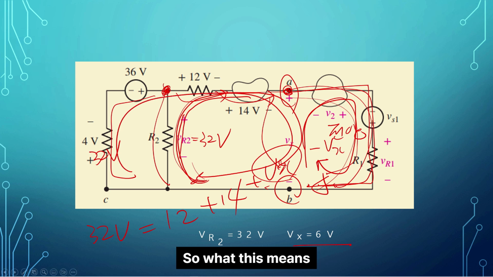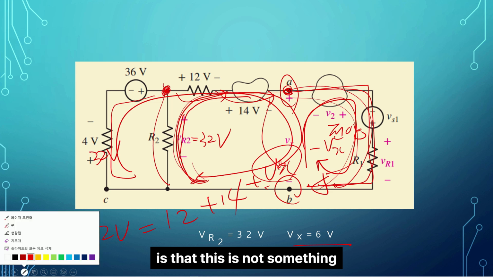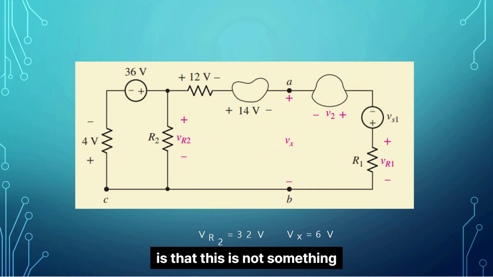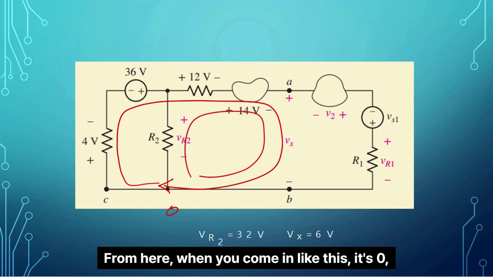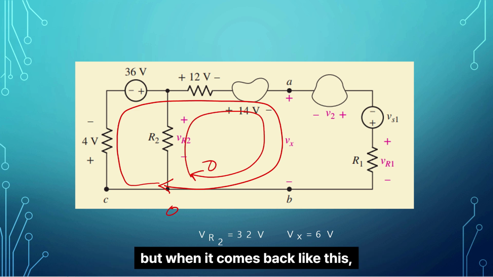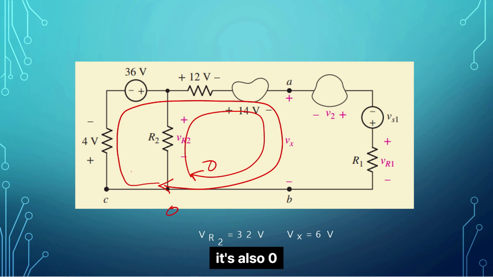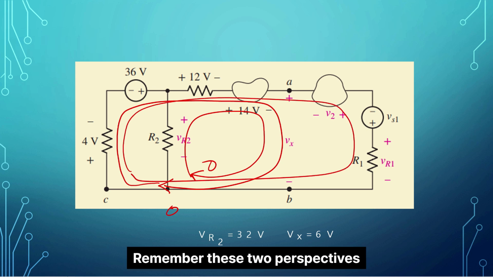So what this means is that this is not something that can be skipped. From here, when you come in like this, it's 0, but when it comes back like this, it's also 0. Remember these two perspectives.